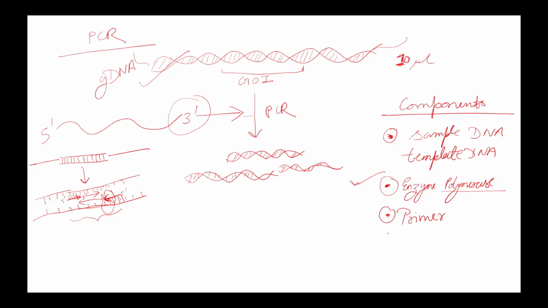And next, for extending this particular fragment of DNA, you need the complementary nucleotides, in the form of dNTPs. So you need deoxynucleotide triphosphates, a mixture of all of these.